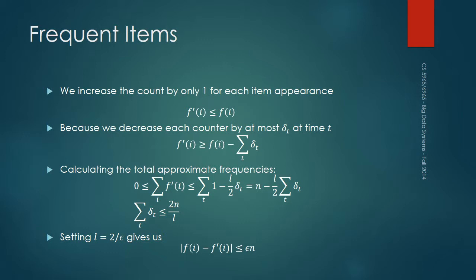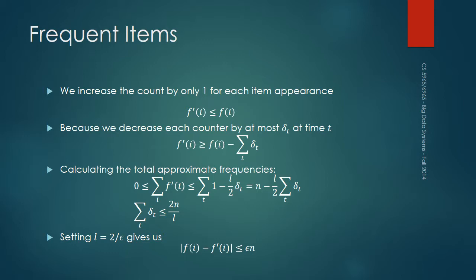We don't know what the median is because it depends on the distribution. So I'm going to reduce by that, and by the argument I made, the lower bound on what you're going to reduce it by is L by 2 times delta t. So this is greater than or equal to, is this step clear?